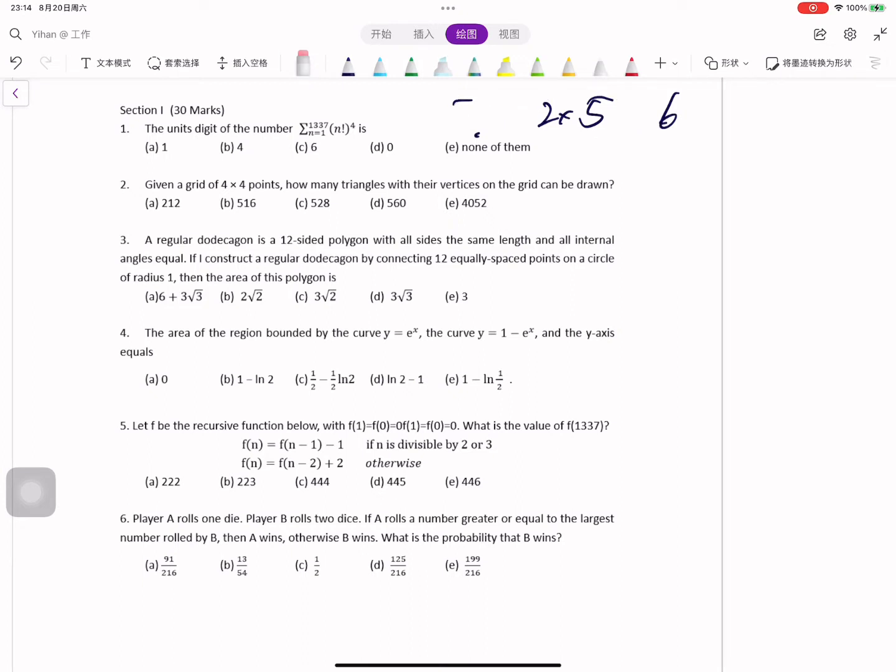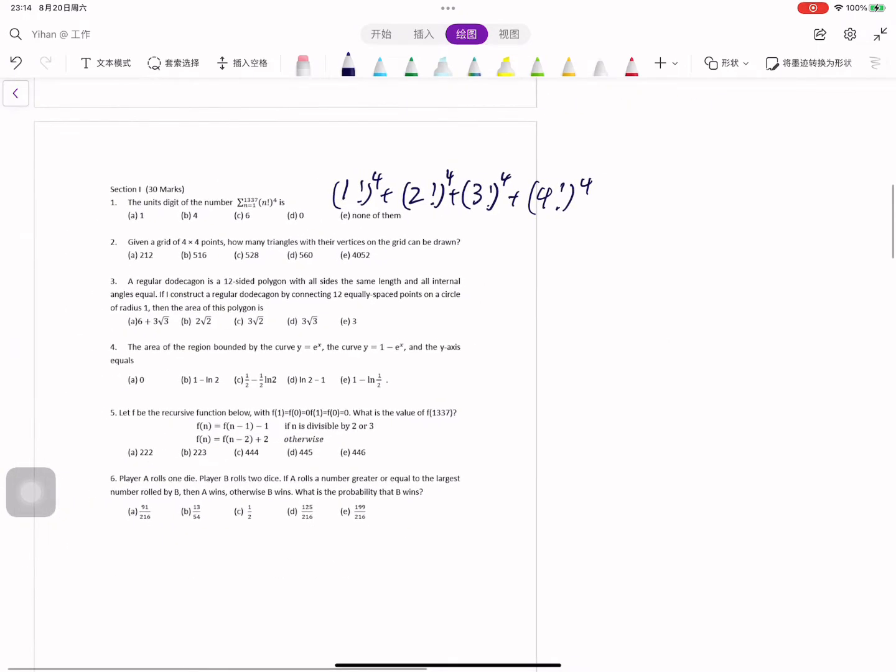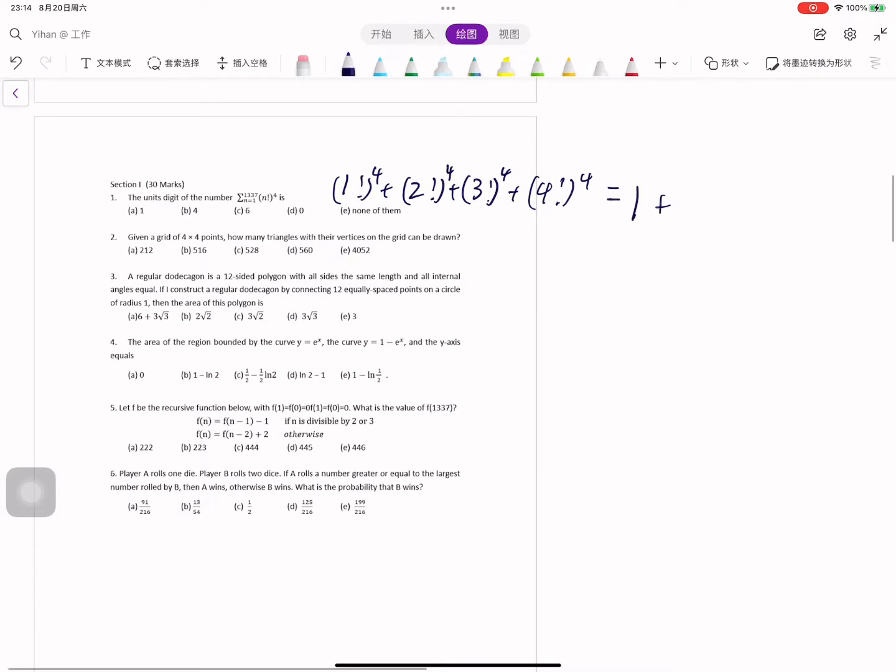So we need only to consider 1, 2, 3, and 4, and also add them into the power of 4. So their unit digits are 1, 6, 6, and 6. And we get the unit digit again, that is 9. So we choose E for this question.